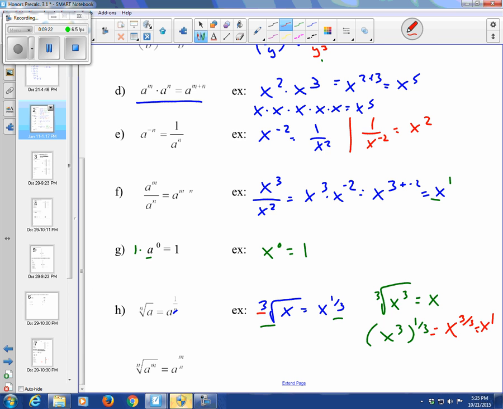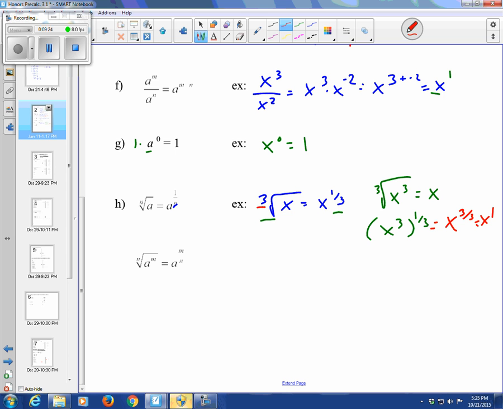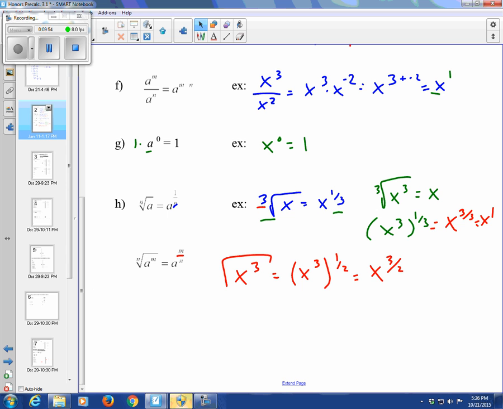We can draw this out a little bit and say that anytime we've got the nth root of a to the m, we can always write that as an exponent of the power over the radical, right? So if I've got x cubed, and I'm taking the square root of that, I could call this x cubed to the 1/2 power, or x to the 3/2 power. Okay, so those are the properties of exponents.